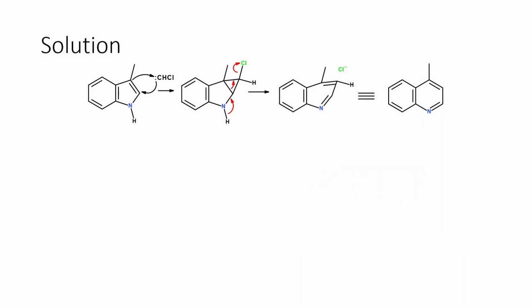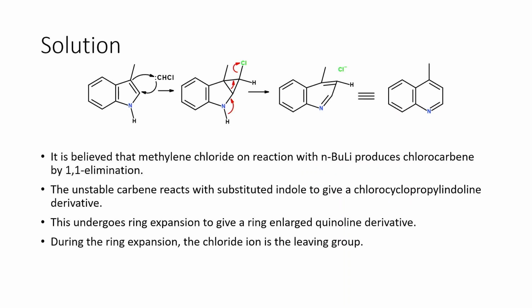So the reaction of methylene chloride with butyl lithium actually produces a chlorocarbene. So CHCl is a chlorocarbene that is formed, and this is formed by the 1,1 elimination, and this can now undergo reaction with the nucleophilic double bond, that alkene double bond.